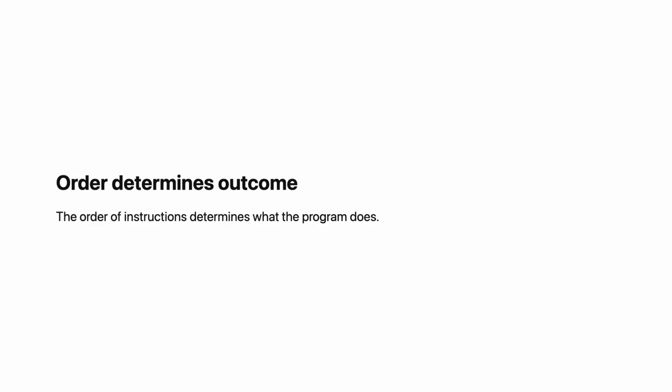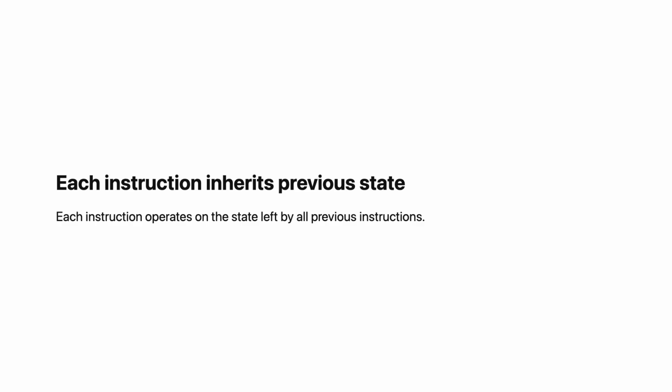Because each instruction operates on the current state, and the current state depends on all the instructions that came before. Remember, state is a snapshot of system data. Each instruction reads the current state, does something, and produces a new state. The second instruction does not see the initial state. It sees the state after the first instruction executed.